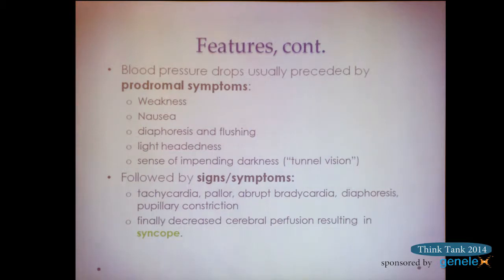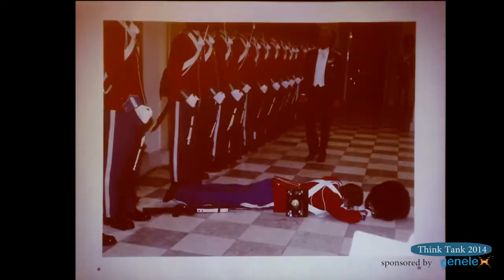This includes tachycardia, pallor, diaphoresis and pupillary constriction. The heart rate can actually slow down in some patients depending on the mechanism that is predominant. And finally, we have decreased cerebral perfusion resulting in syncope, such as this unfortunate soldier here.